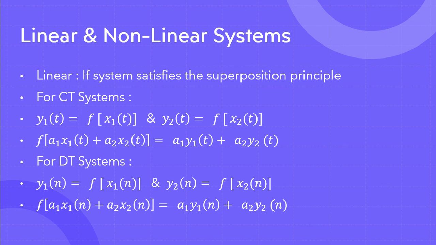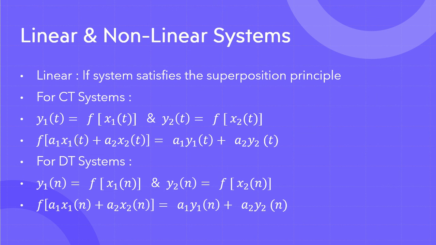Now these two systems will only be called a linear system if and only if they satisfy this given condition. See here, we have given the condition that f of a1x1 of t1 plus a2x2 of t2 should be equal to a1 into y1 t1 plus a2 into y2 t2, right?